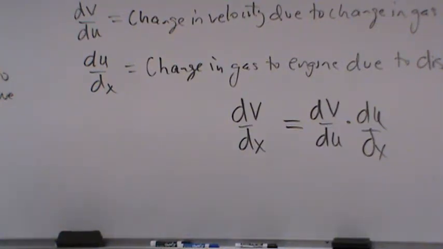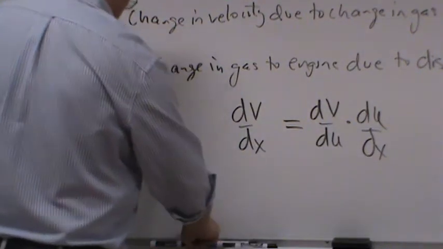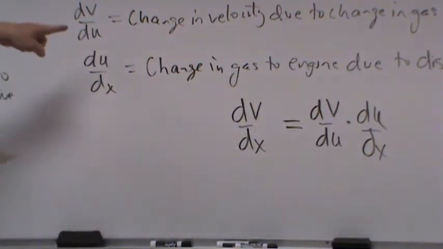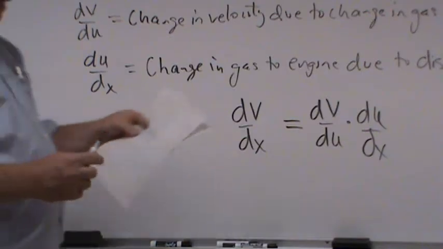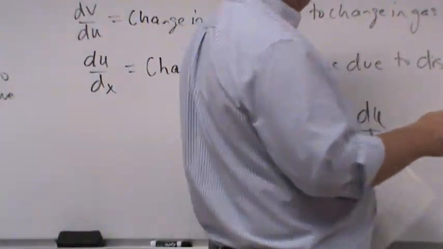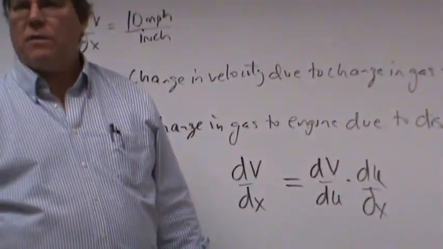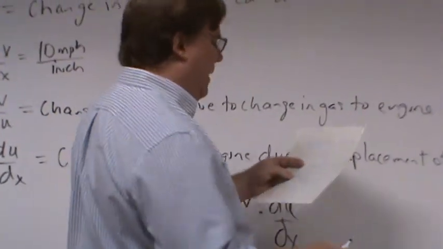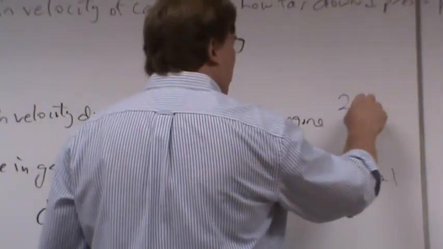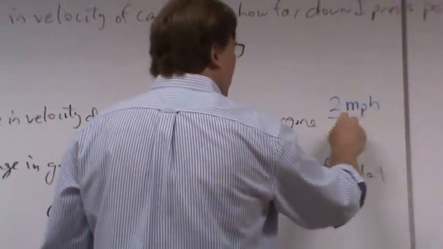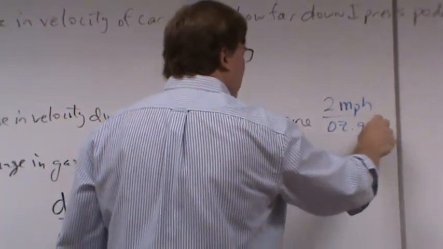Hey, let's go ahead and assign some numbers to this. How about the change in velocity due to a change in gas to the engine? Let's say that that happened to be 2 miles per hour for every ounce of gas per minute. Okay, so the change is going to be 2 miles an hour for every ounce of gasoline.